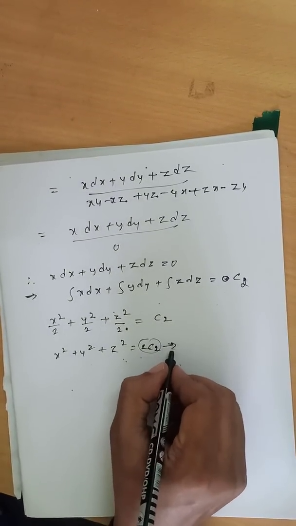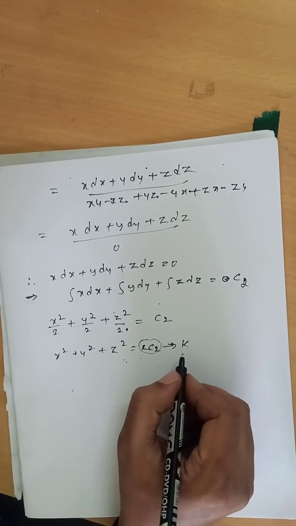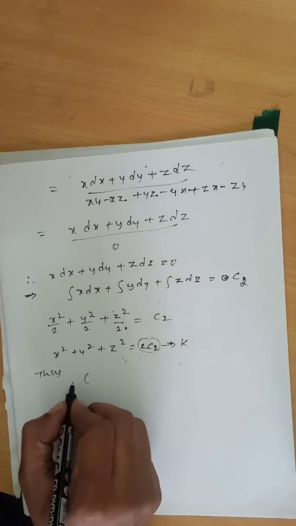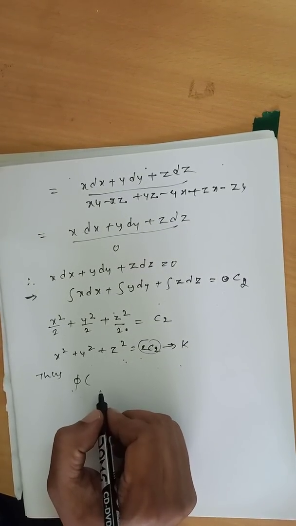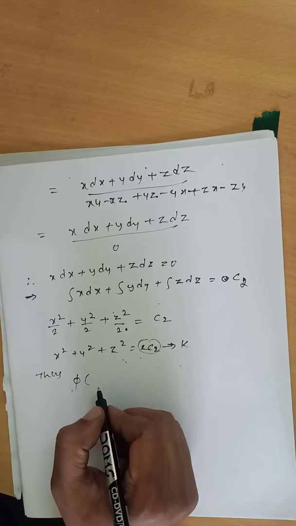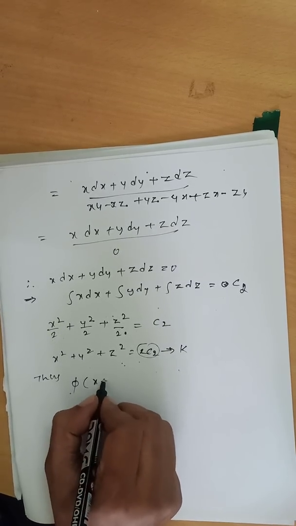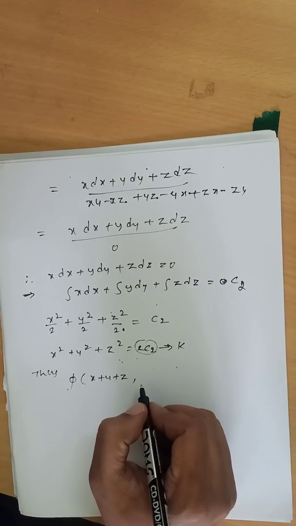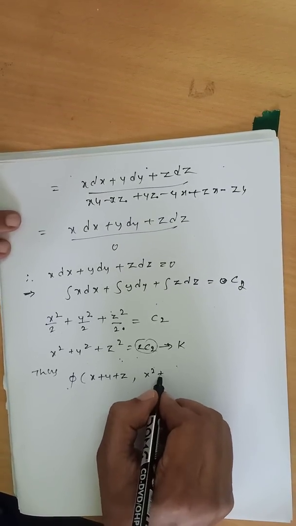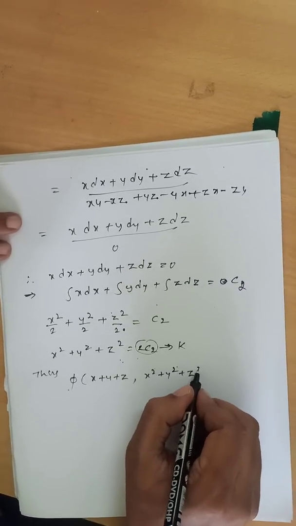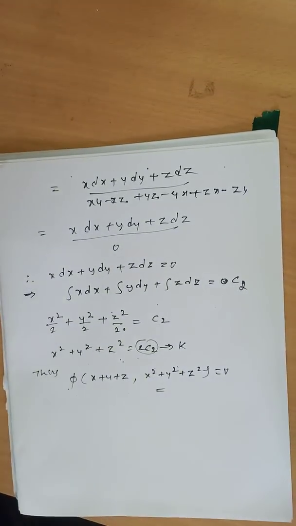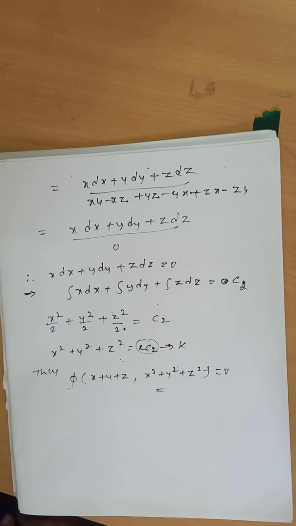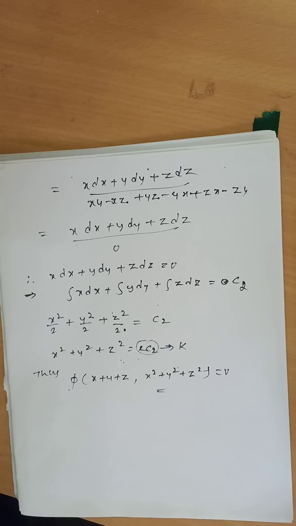This 2c2 is denoted by k or any constant. Thus the solution is in the form of phi of u comma v. Choosing first multipliers to get x plus y plus z, choosing another multipliers to get x square plus y square plus z square equal to k. So this is the required solution of the given partial differential equation.